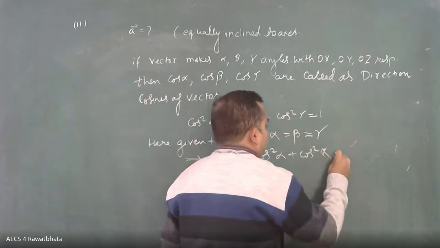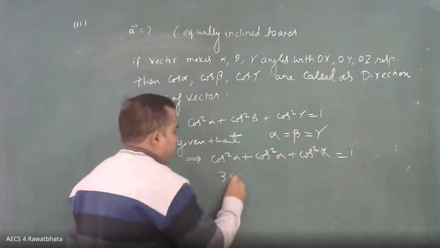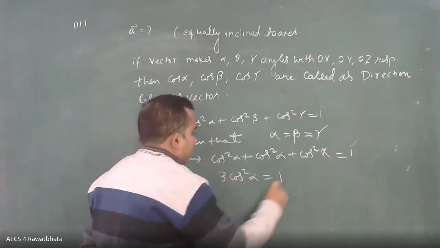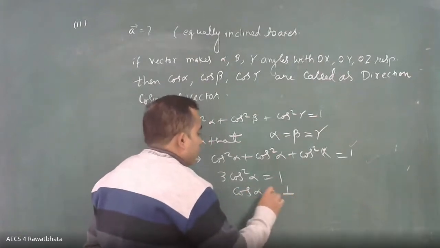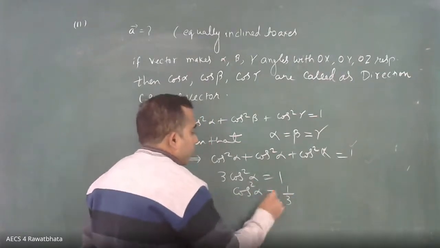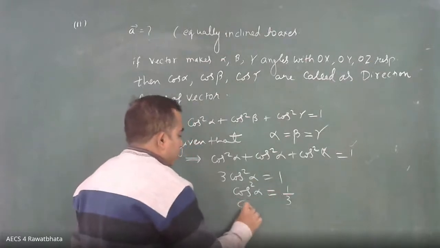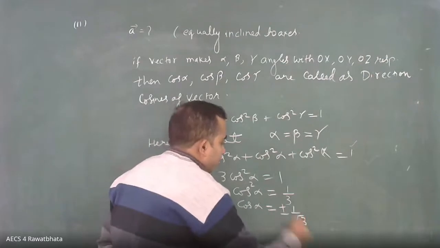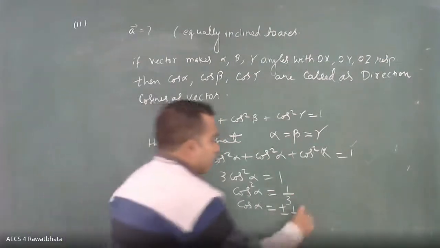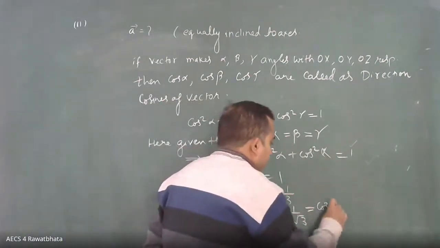So alpha equal to beta equal to gamma, if we put it here, then this will become 3 cos square alpha equals 1. So cos square alpha is going to be 1 upon 3, which means cos alpha will be plus minus 1 upon root 3. The same will be cos beta and cos gamma.